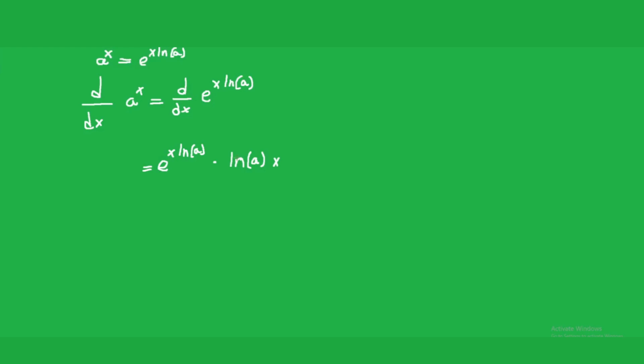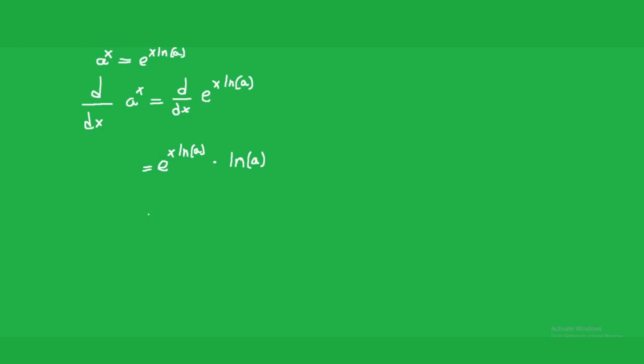When the derivative applies, this x will disappear. We'll just be left with the constant, like how the derivative of 2x is just 2. We're saying that the natural log of a is a constant because it's a constant base, unlike the variable exponent.